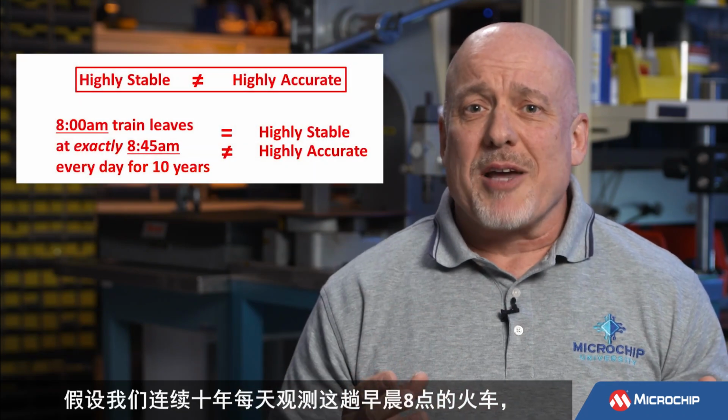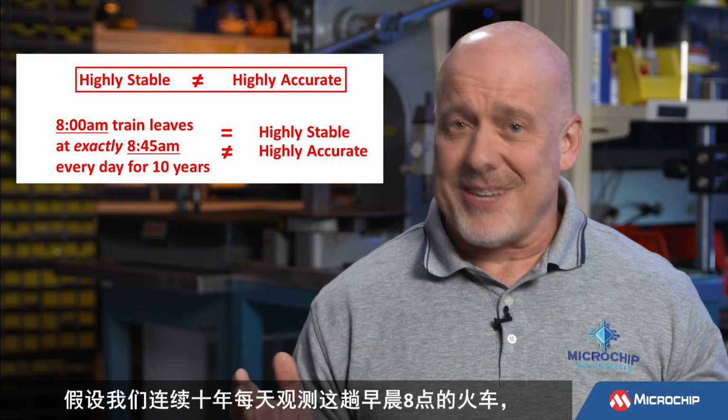Now, similarly, if we have a highly stable clock, that does not mean that we have a highly accurate clock necessarily. Just like a highly stable clock doesn't mean that it's perfectly average and vice versa. Again, going to our train example, let's say that we measure this 8 a.m. train for a period of 10 years every day.